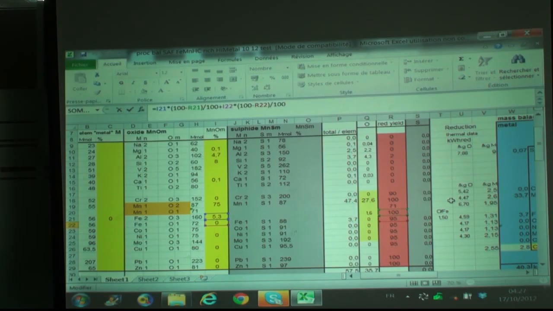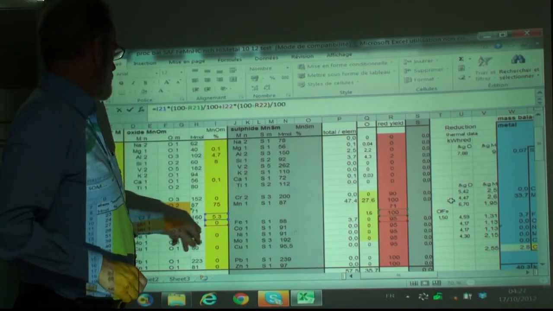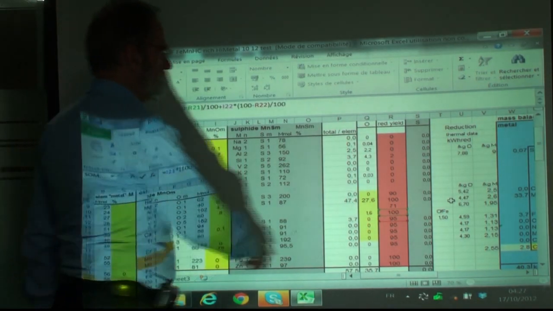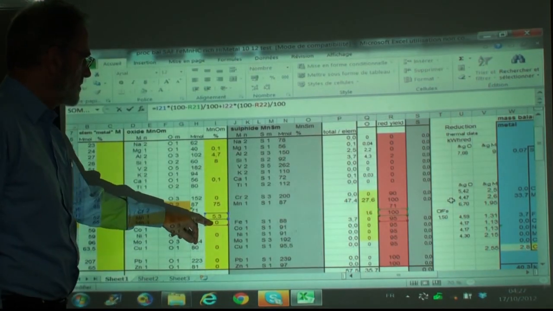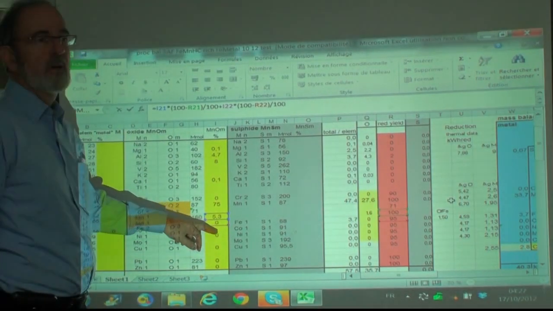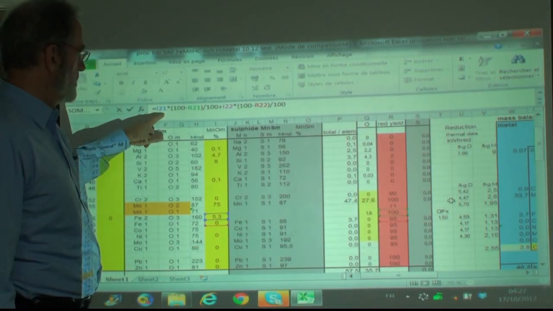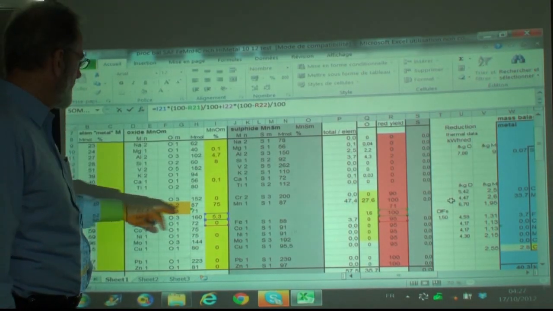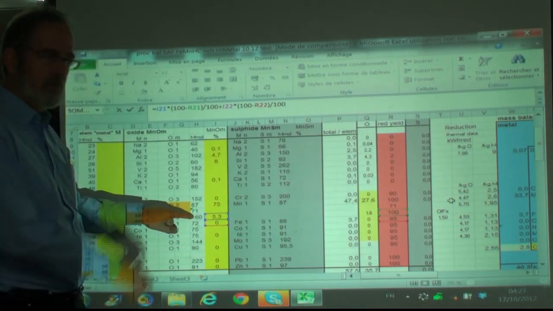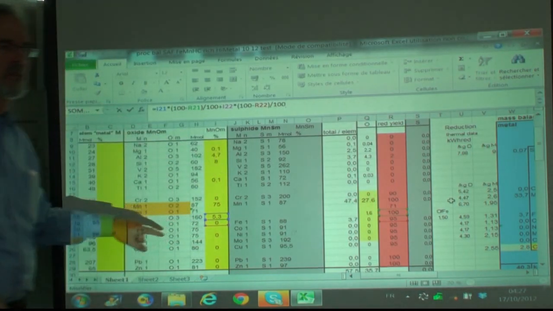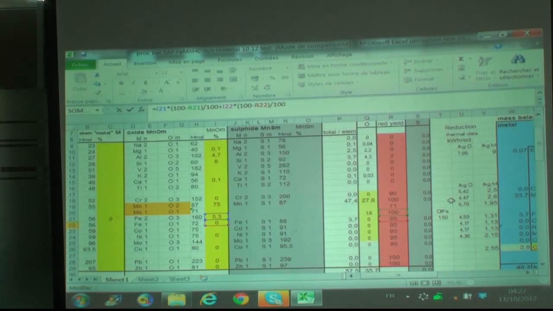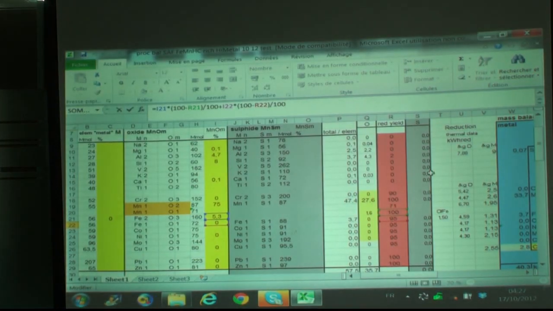But to estimate it, you don't take this amount of FeO, because in the ore it is 0. You must take the same and correct it, like we did for manganese. You understand? We're going to correct this immediately.